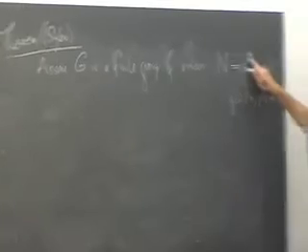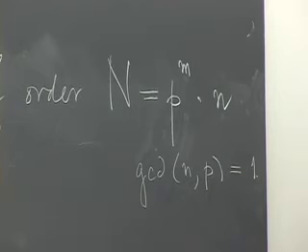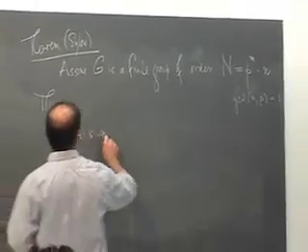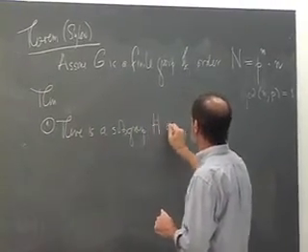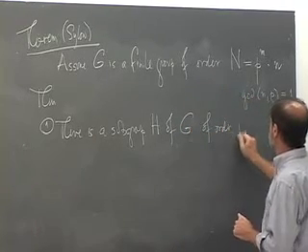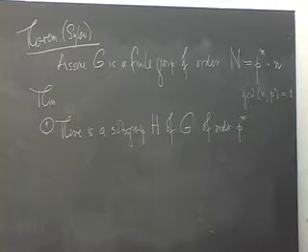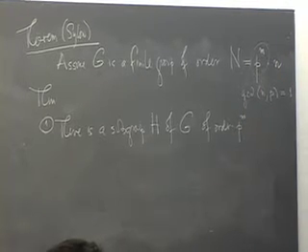So that this is the highest power of p that divides the order of the group. Okay. Then, 1. There is a subgroup H of G of order p to the m. Namely, we have a possible order for a subgroup because this divides the order of the group.